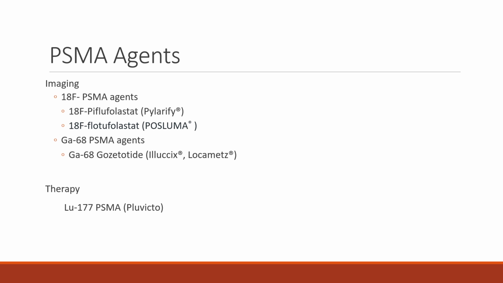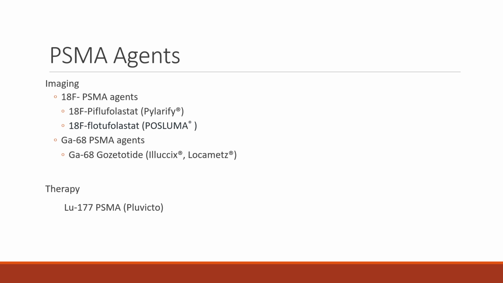Pylarify was the first one to hit the market. It had 100% of the market share. And then they had availability issues and Pluvicto came on the market. And then people would start their Pluvicto therapies and they couldn't finish it. And so patients were dying basically because they couldn't get their Pylarify or their Pluvicto and they had already started the treatment protocols. It was a disaster.